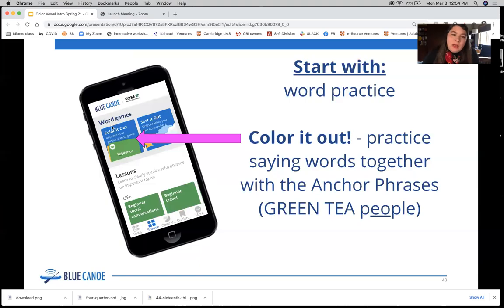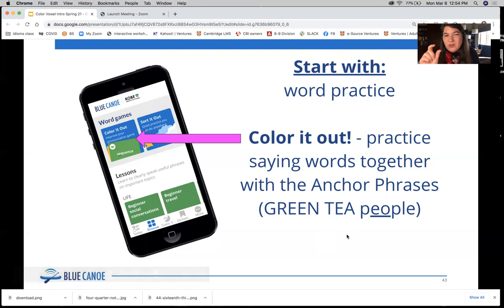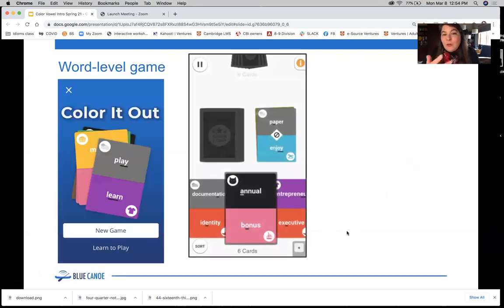Once you get in, Color It Out is a game where you practice saying the words together with anchor phrases. Green tea, people, that's the repetition. You look at 1 or 2 words at a time. So it's like Uno. It's a game where you have matching cards and you have to match one of your cards to one of the cards in the deck.